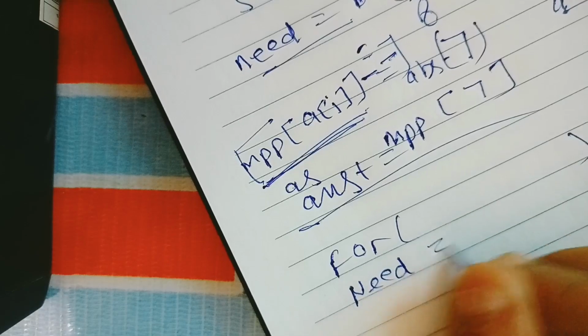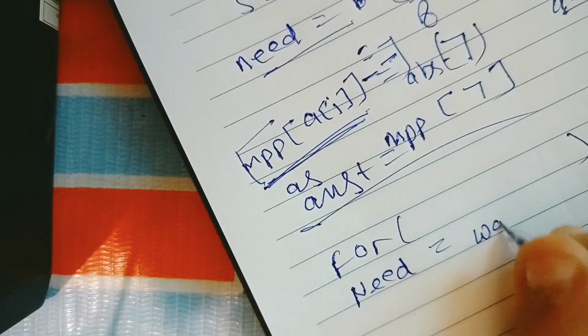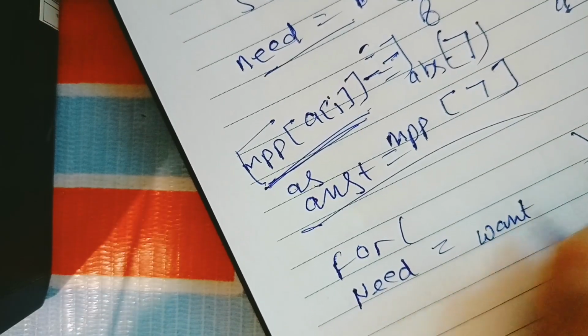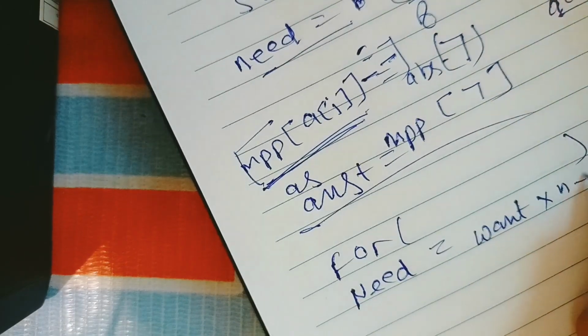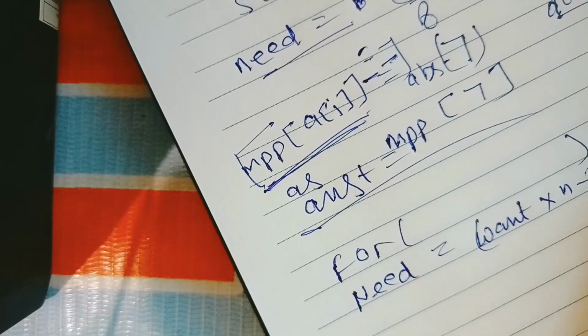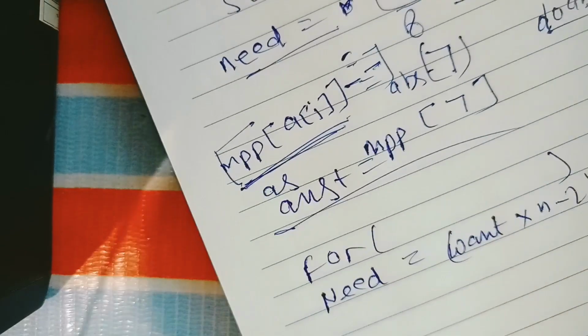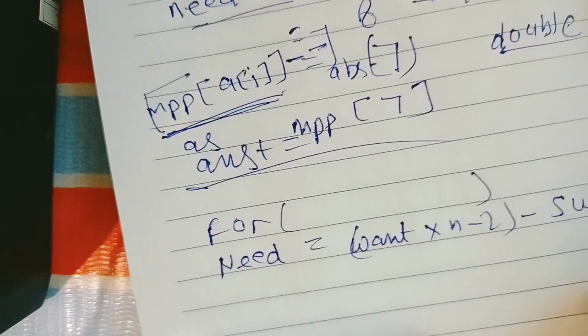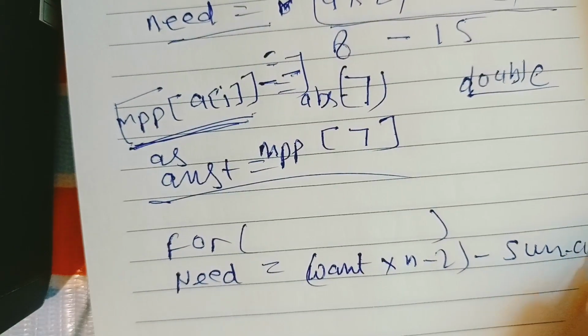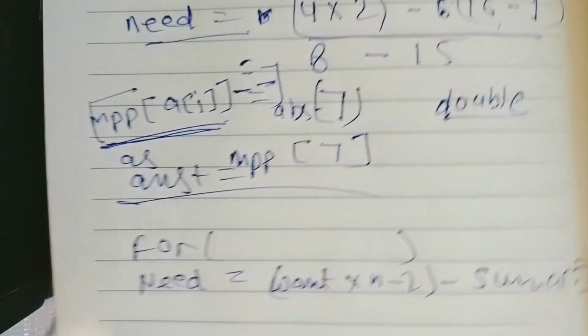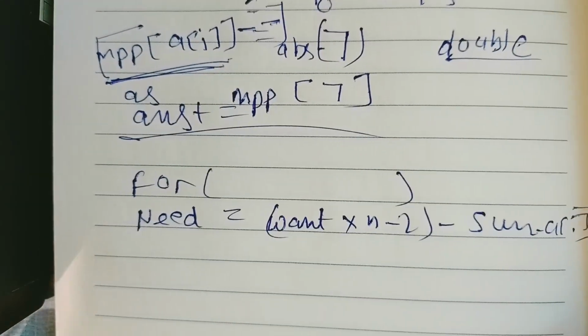So while iterating on the values, need will be equal to want, which is your mean, into n minus 2, minus sum minus a of i. This is what we need.